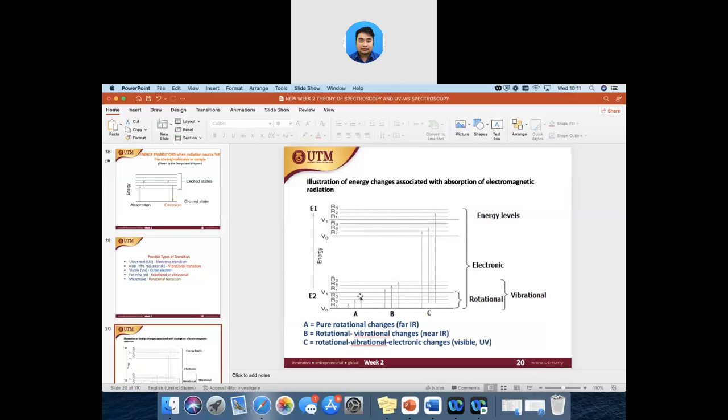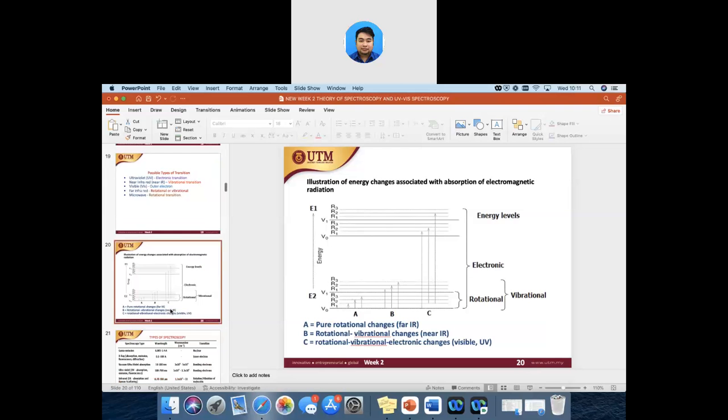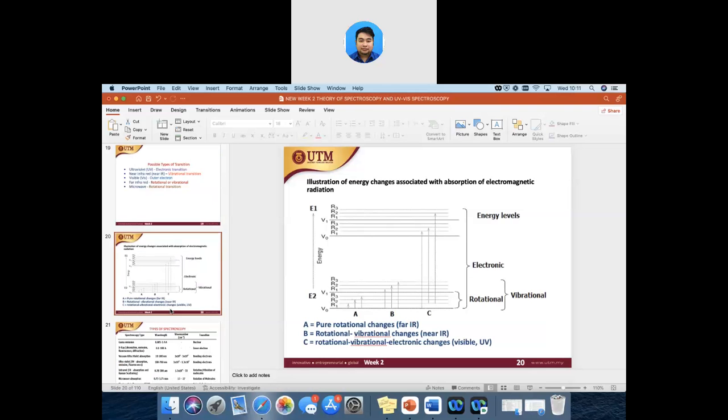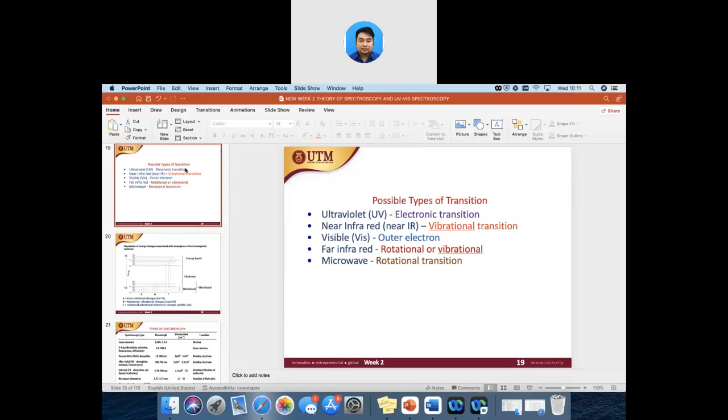Because inside one electronic energy level, we have vibrational levels and rotational levels, which means that the energy jump is not that high. So it still remains inside the same energy level, but a different vibrational or rotational level. This is for you to read only, but if you do have this information, it's much better.